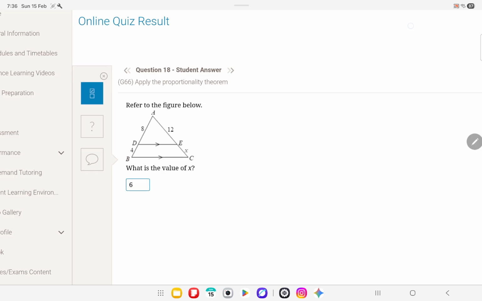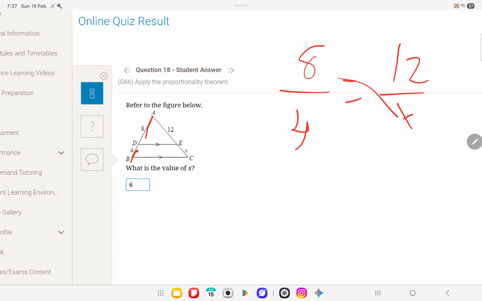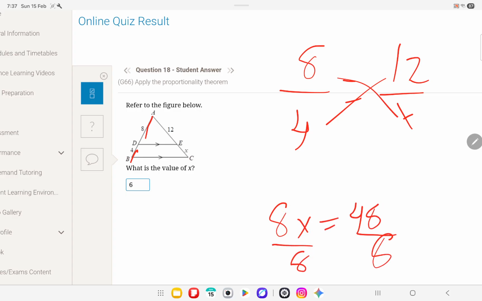Here's the same thing. 8 over 4, short over short, equals short over short, which is 12 over x. Cross multiply will be 8x equals 48. Divide by 8, divide by 8. X is equal to 6.